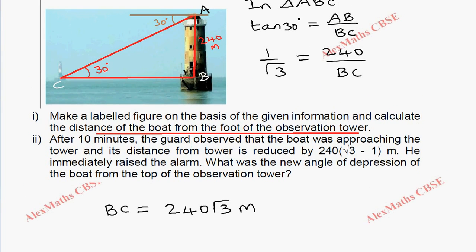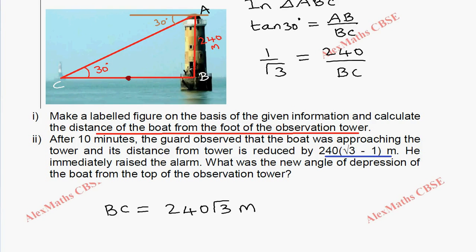Coming to the second subdivision, they have given that after 10 minutes the guard observed that the boat was approaching towards the tower, and the distance from the tower is reduced by this much. He immediately raised the alarm. What is the new angle of depression of the boat from the top of the observation tower? So after some time, the boat approached somewhere near.